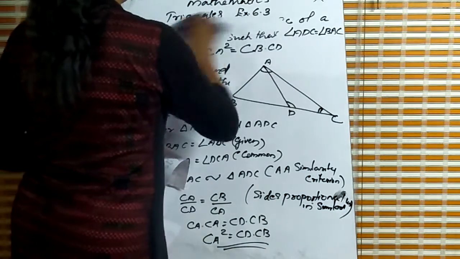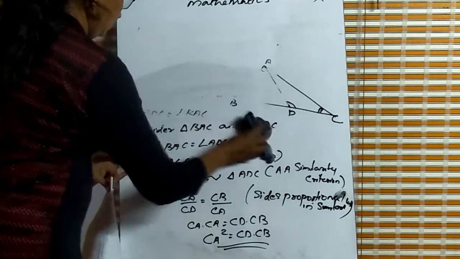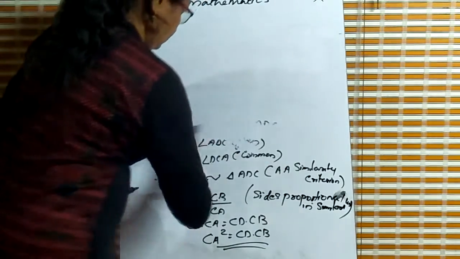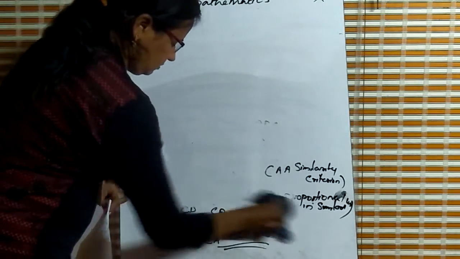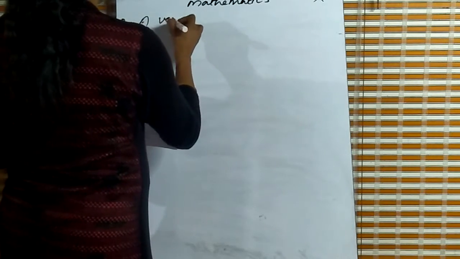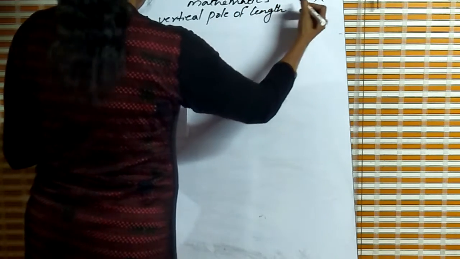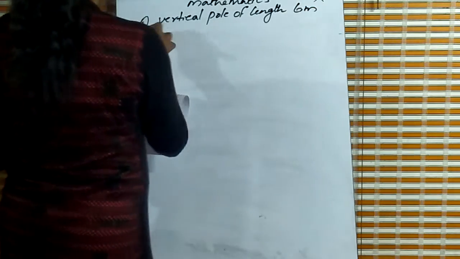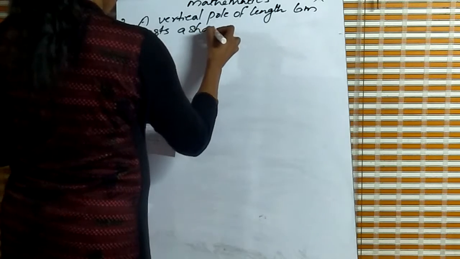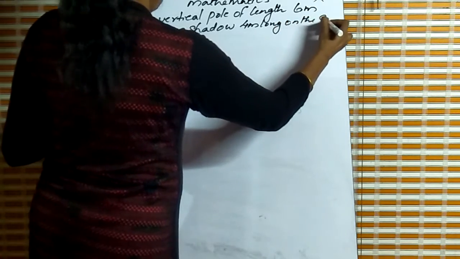Question number 2. A vertical pole of length 6 meter casts a shadow 4 meter long on the ground.